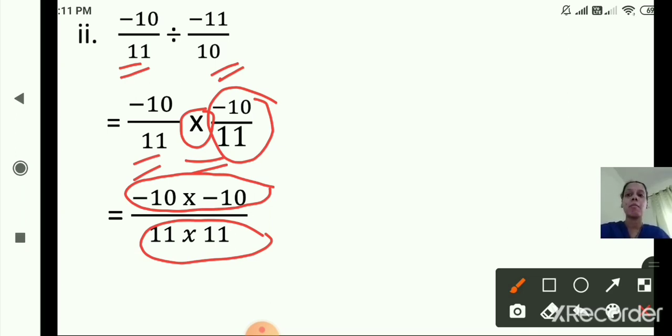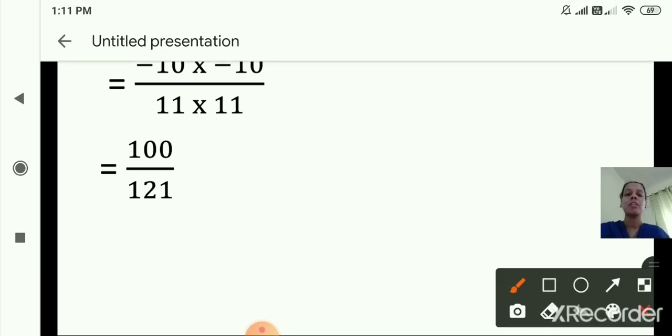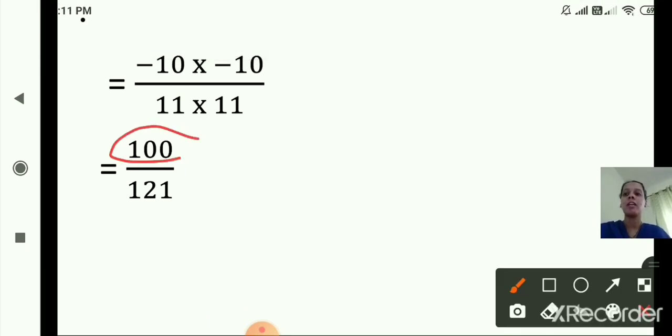Minus 10 multiplied by minus 10, that is 10 tens are 100, and minus minus becomes plus. So what we get here is 100, right? And 11 multiplied by 11 is 121. Okay, so we will see the next step now. See here, minus 10 multiplied by minus 10 is 100, and 11 multiplied by 11 is 121.